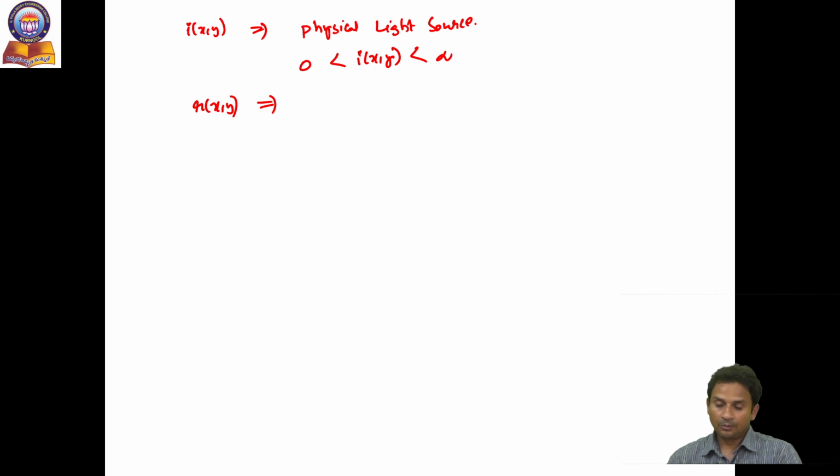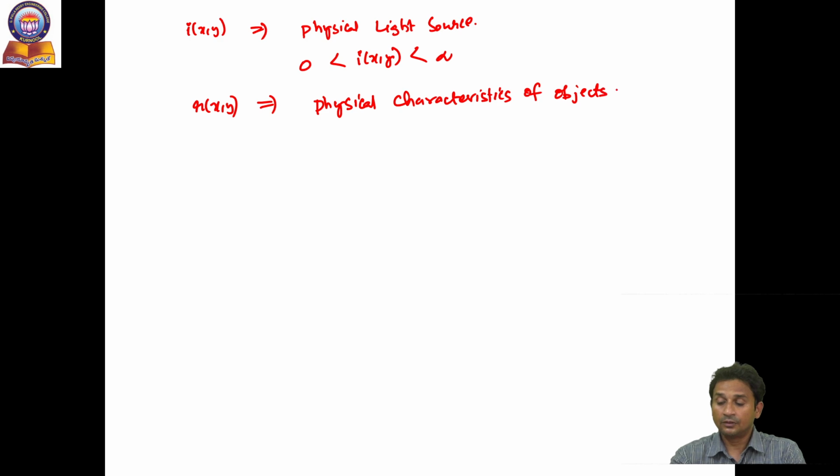So R of xy completely depends on the physical characteristics of objects in the scene. Depending on the physical characteristics of the object, the magnitude of the reflected light depends.